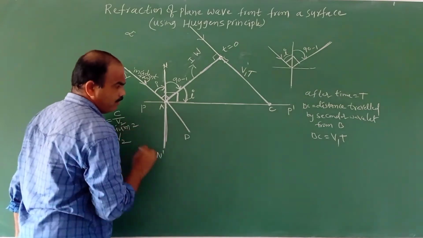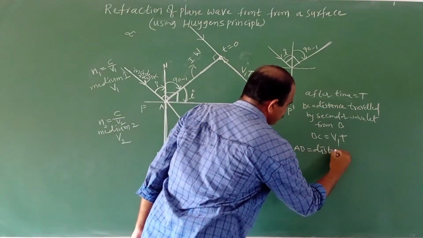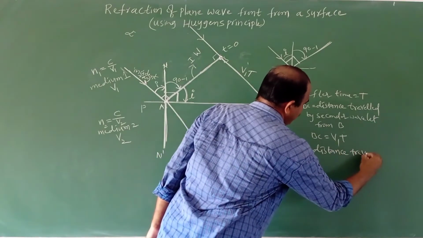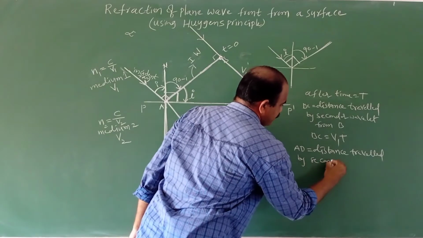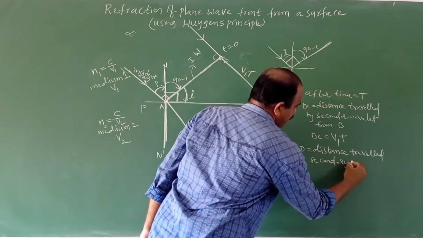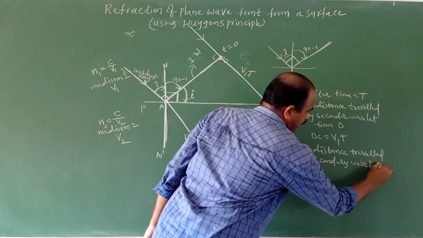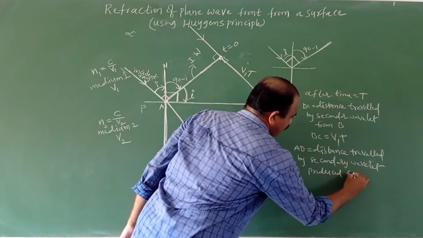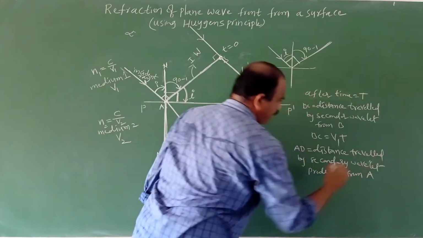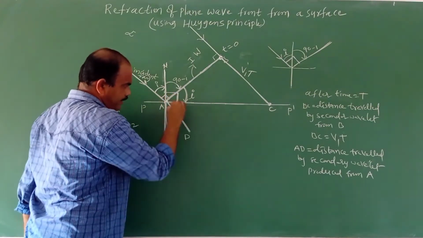So now AD is nothing but the distance traveled by the secondary wavelet produced from A. Now how can I find this distance AD?